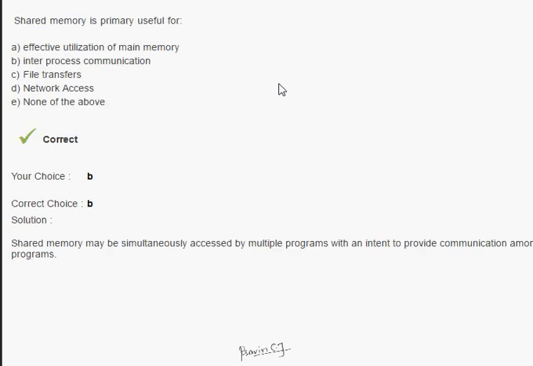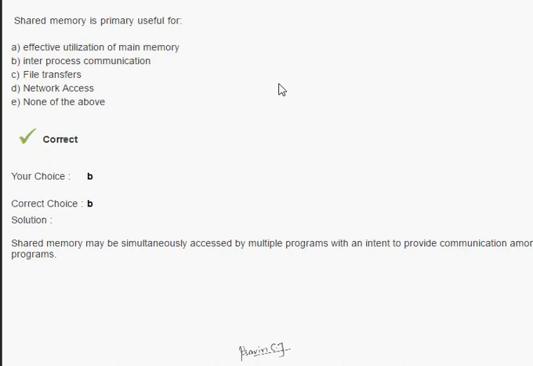Next question is regarding shared memory. Shared memory is primarily used for, primarily it is used for inter-process communication. We have options: effective utilization of main memory, inter-process communication, file transfer, or network access.